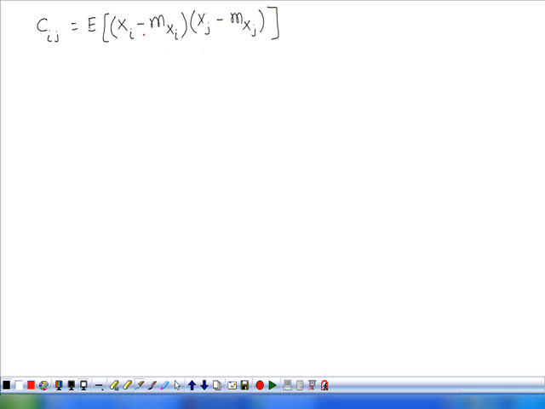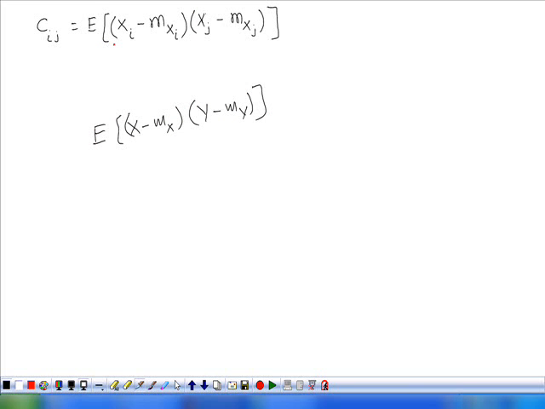See, the expectation of x minus mx into y minus my is the covariance of x and y, is it? The expectation of x minus mx into y minus my is called the covariance of the two random variables. So in the same manner, this is the covariance of the random variables xi and xj.